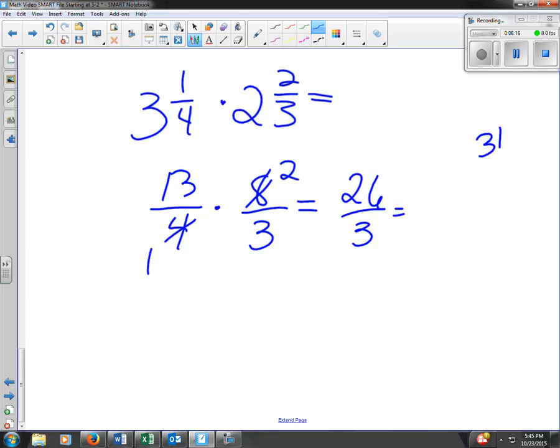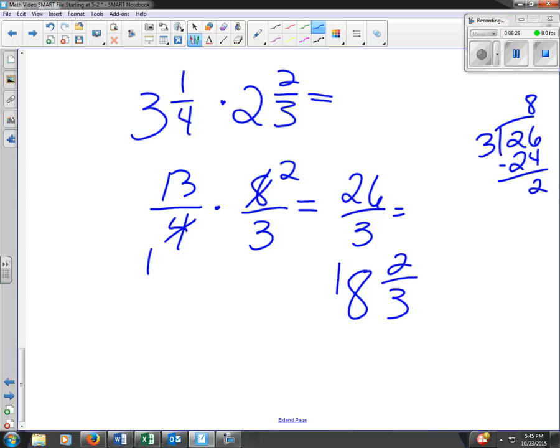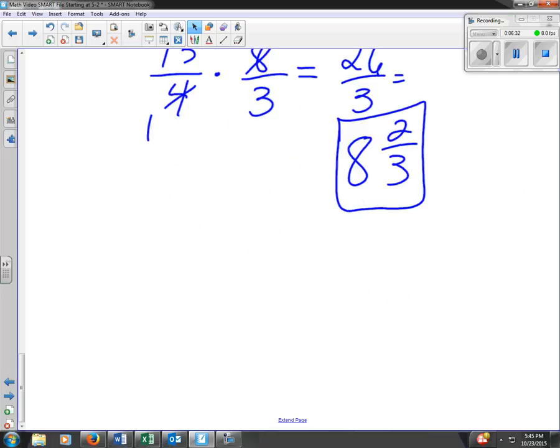Again, do the long division on the side. I don't need to see it. And again, if you do not know your multiplication tables, this is going to take you a while. So your answer is 8 and 2/3. And you circle your answer. You need to make sure you remember to use the improper fractions, or you're going to get the wrong answer.